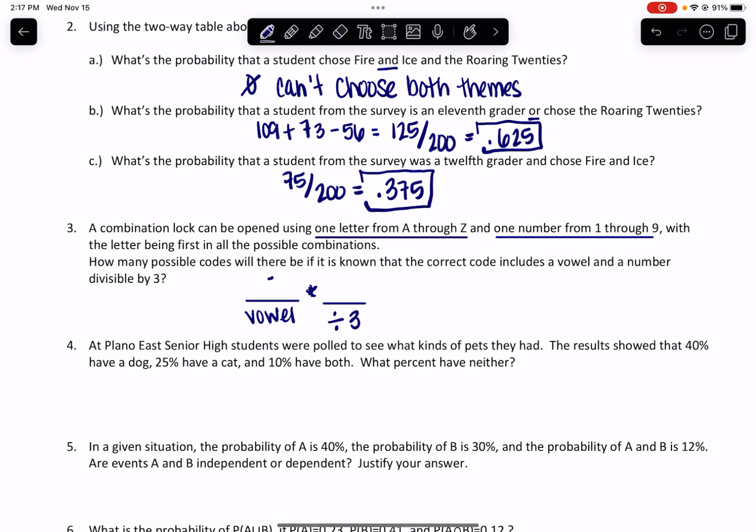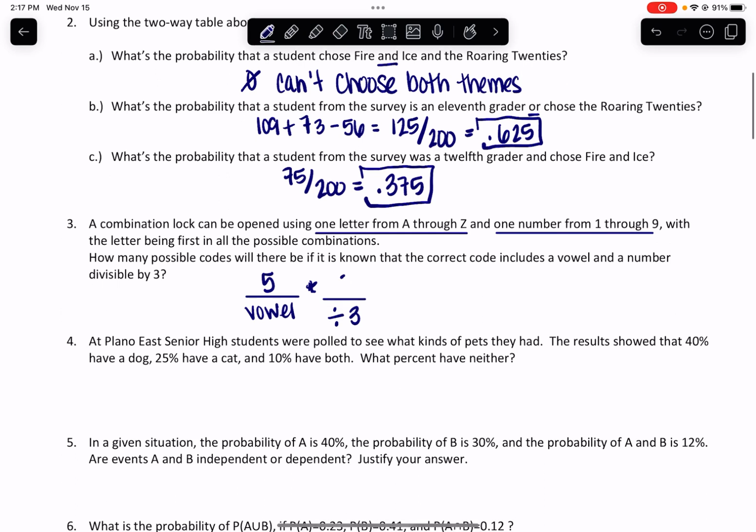Well, there are 5 vowels in our alphabet, and 3, 6, and 9 are the only numbers in that list that are divisible by 3. Sorry, y'all, that should be by a 3. And 5 times 3 is 15 possible combinations or possible codes.